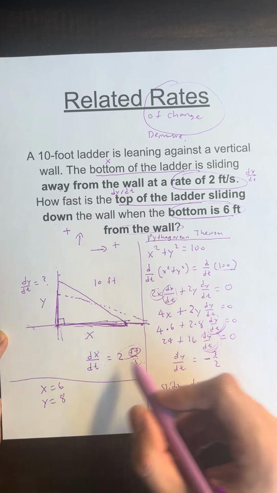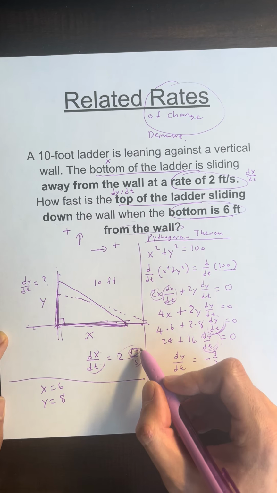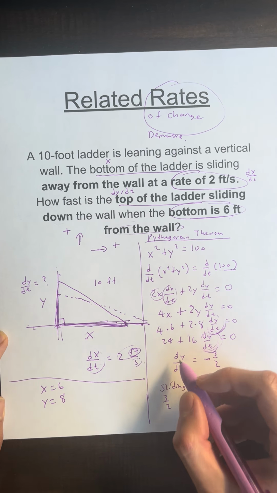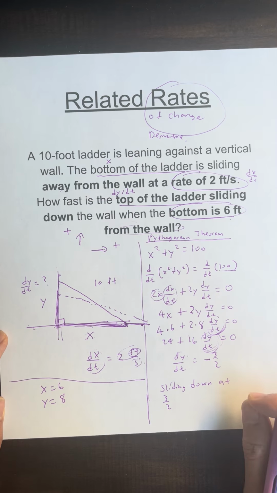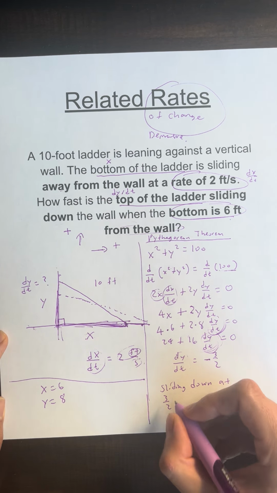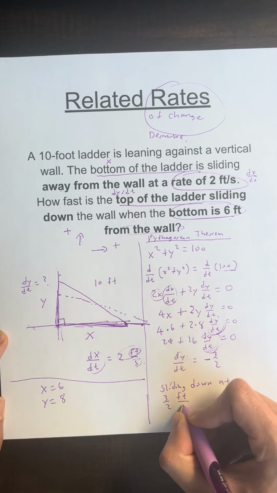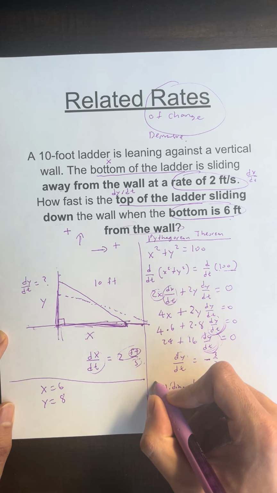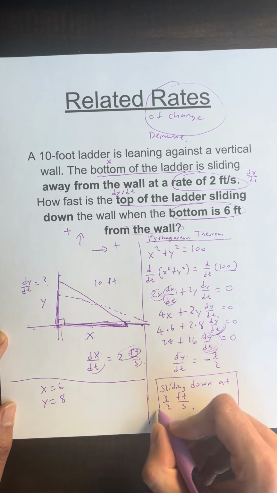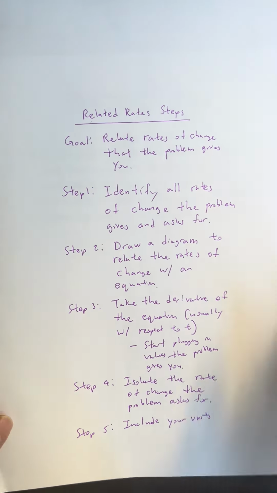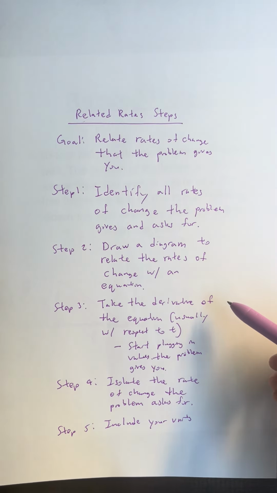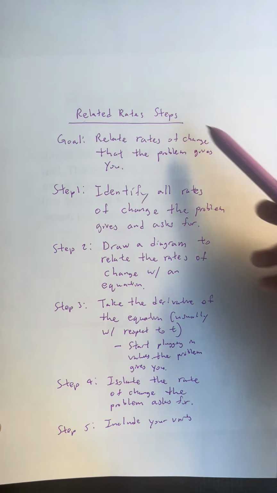So if dx dt is measured in feet per second, what do you think dy dt will be measured in? Feet per second. This is your answer. But write this stuff down. These are the steps to solving related rates problems.